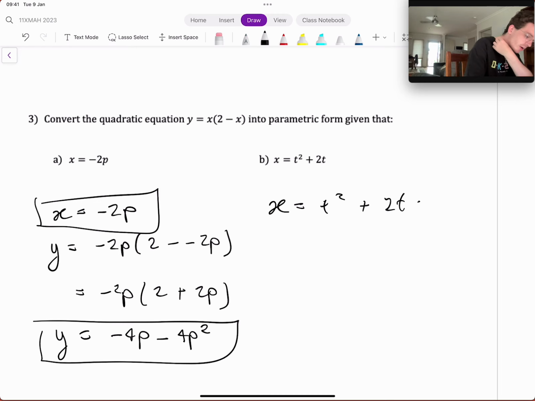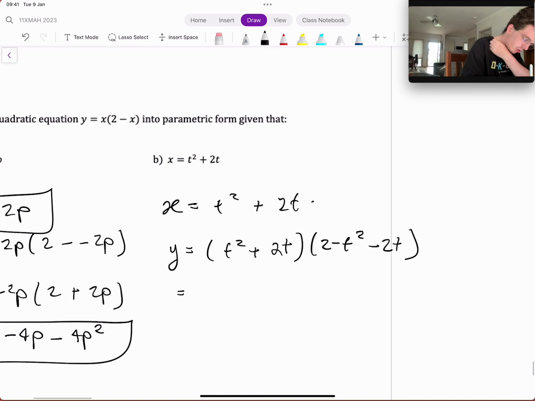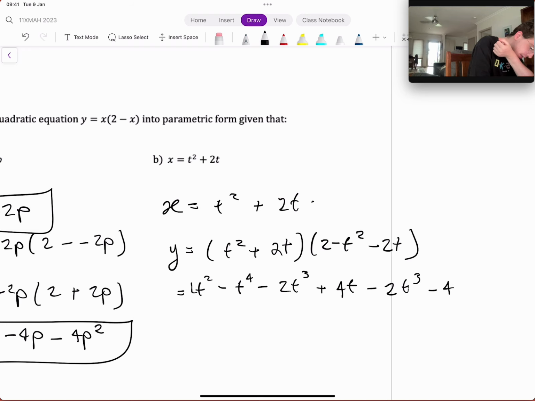Let's do that for the second one. Substitute in, we've got y is equal to (t squared plus 2t)(2 minus t squared minus 2t). Let's have a go at expanding that. So we'd FOIL that out, we get 2t squared minus t to the power of 4 minus 2t cubed plus 4t minus 2t cubed minus 4t squared.